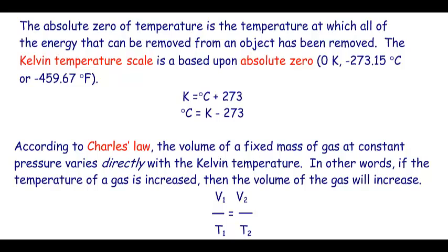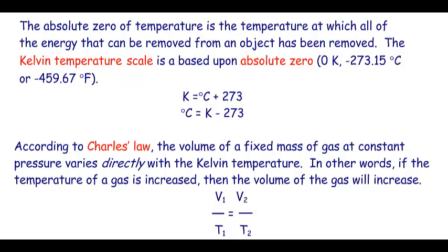At absolute zero, we have removed the maximum amount of energy possible from a collection of particles. The numerical value associated with absolute zero is 0 Kelvin. That's the equivalent of negative 273 degrees Celsius, or approximately negative 460 degrees Fahrenheit.